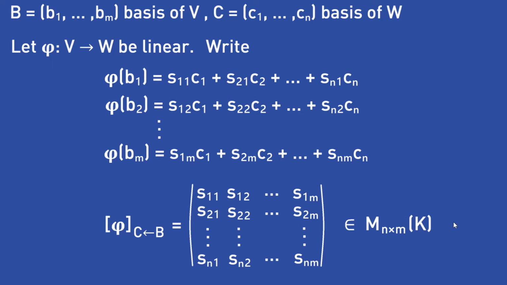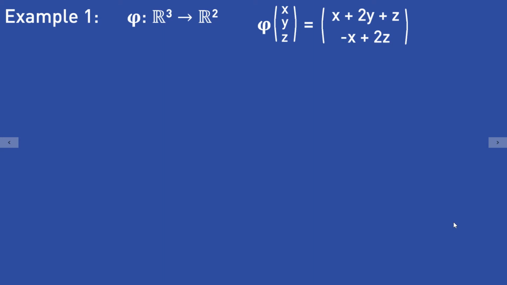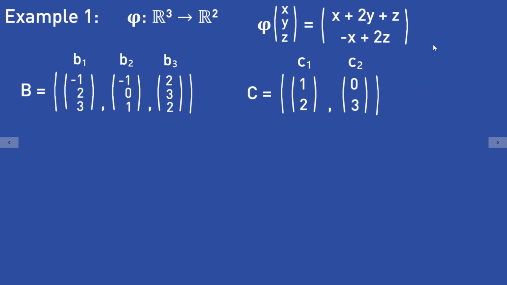Let's take a look at an example now. We have given the following linear function phi from R3 to R2. Phi of x, y, z is equal to x plus 2y plus z and minus x plus 2z. We have also given a basis B of R3, which looks like that.